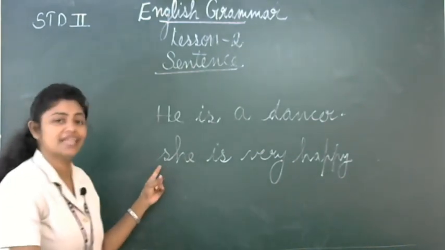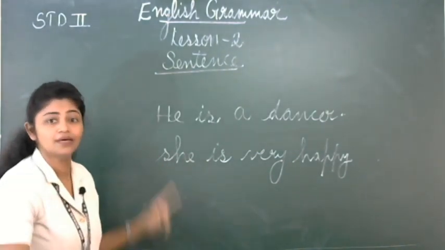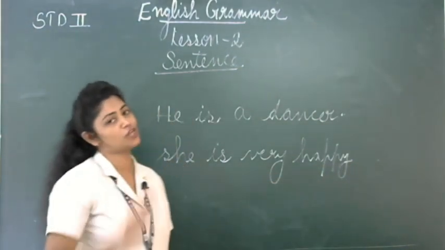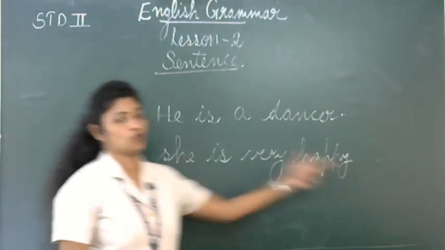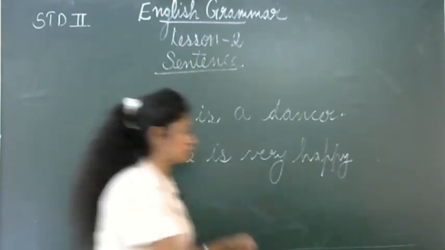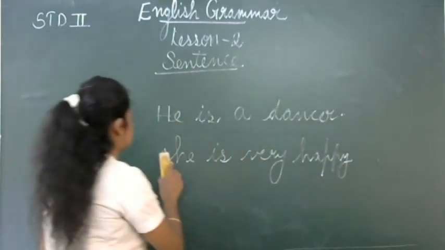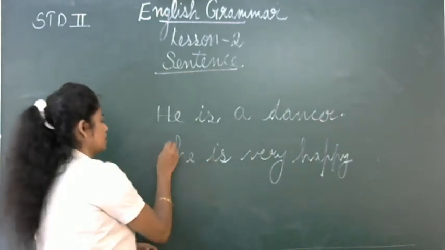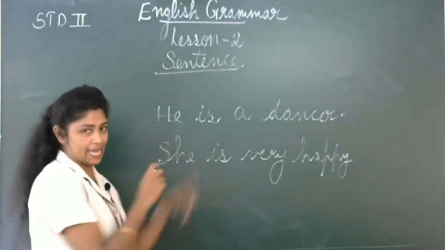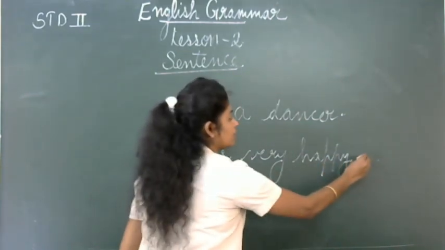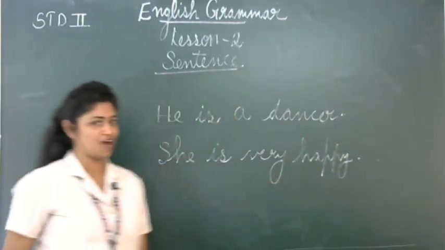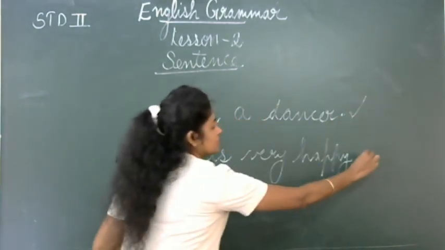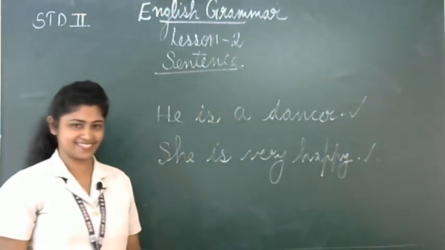The first letter must begin with a capital, and at the end, what should be there? Full stop should be there. Here, both are not there. So what we have to do? We need to start with a capital letter, and at the end we have to put a full stop also. Now it became a sentence. This is also a sentence.